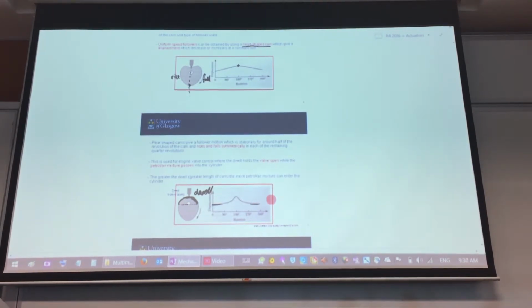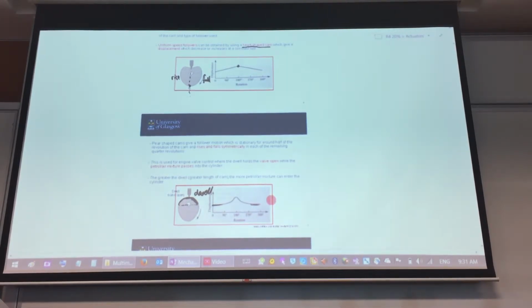So when I was learning about cams, it actually went into a great level of detail. You could imagine that after I'm able to sketch out that displacement profile, I'm able to use the displacement profile to derive velocity by differentiation.